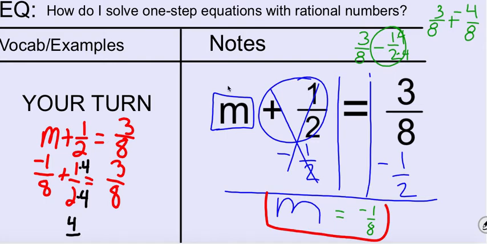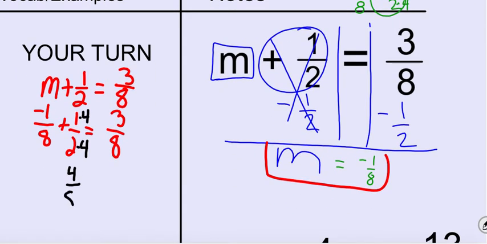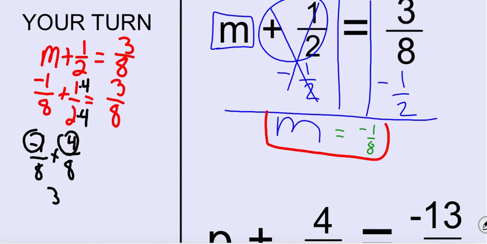Let me move the screen up here a little bit. It's going to give me 4/8, and on this side, I still have negative 1/8, and they're being added together. I know that a negative 1 and a positive 4 leave me with a positive 3, so I know that this would be 3/8. 3/8 equals 3/8. And then I know that it checked out, so I know I did good.